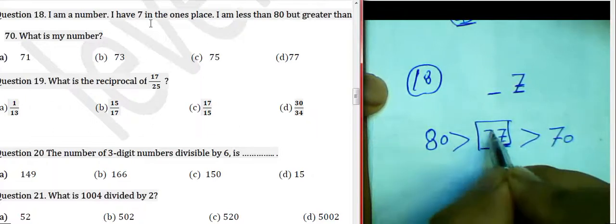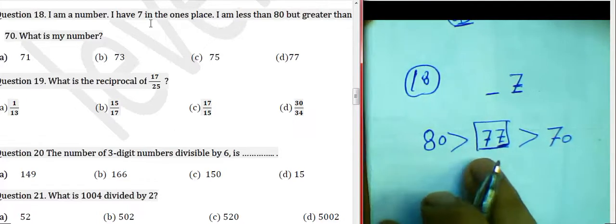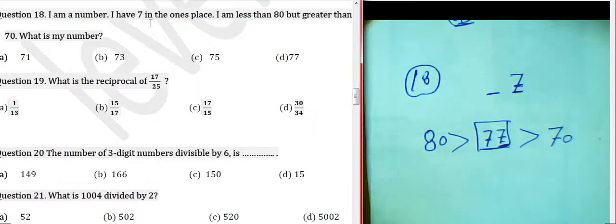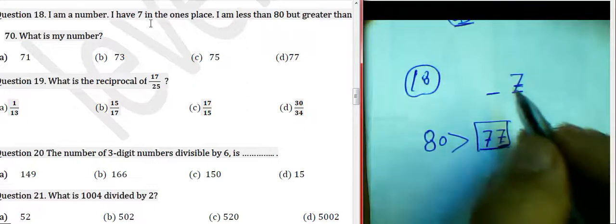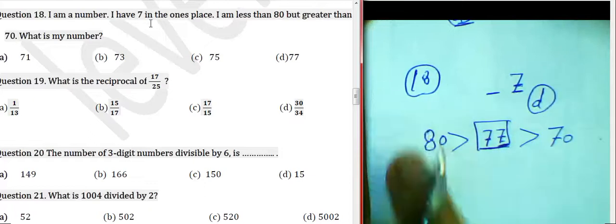We must write 77, because he told you about a number with 7 in the ones place that is less than 80 and greater than 70. The result will be 77. We must choose letter D for question 18.